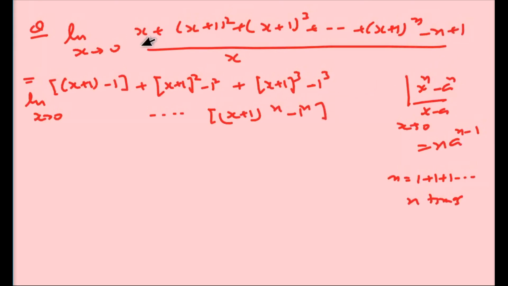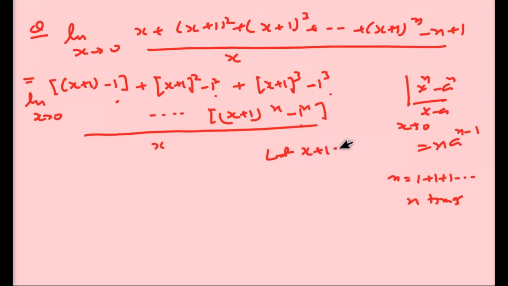Okay, and this n is written here as 1, 1, 1. Understand? N is written as 1 plus 1 plus 1, n times. So 1 comes here, 1 here, 1 here, n times. And this one is coming from here, okay, upon x.